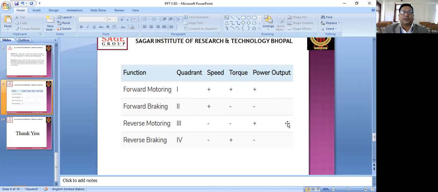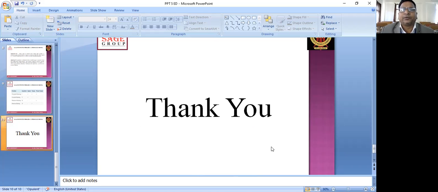In reverse motoring, quadrant 3, speed is negative and torque is negative, so power output P, equal to torque times speed, is positive. In reverse braking, quadrant 4, speed is negative but torque is positive, so power output is also negative. So this is the four-quadrant operation.